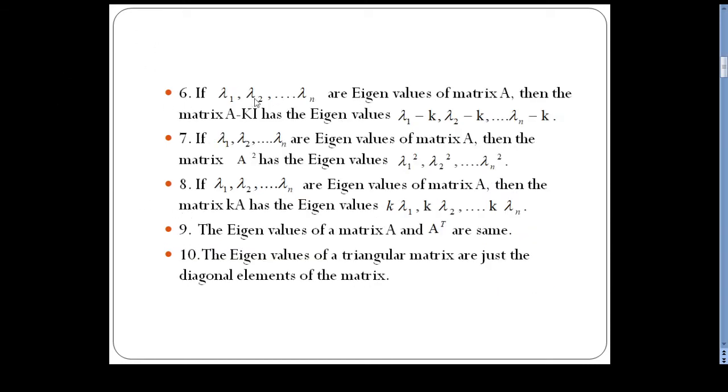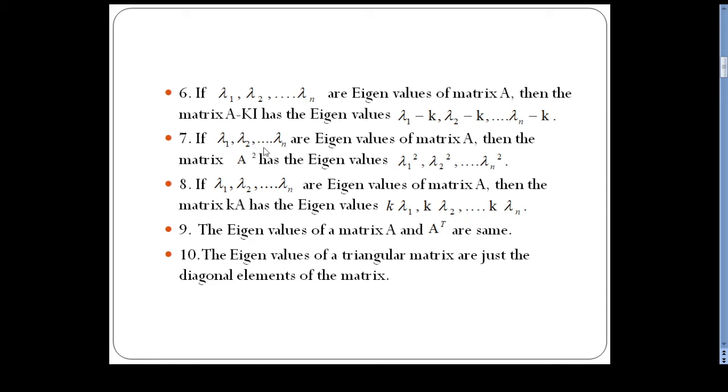If lambda 1 up to lambda n are the eigenvalues of matrix A, then A minus kI has eigenvalues lambda 1 minus k, lambda 2 minus k and so on up to lambda n minus k. If it is A minus kI, we should subtract that constant value from all the eigenvalues.